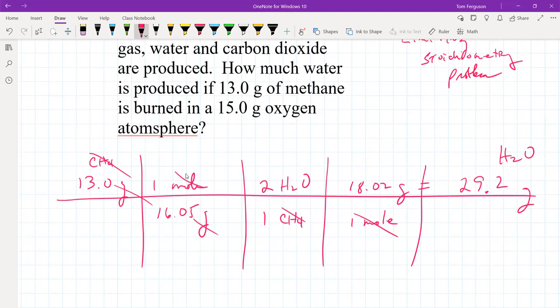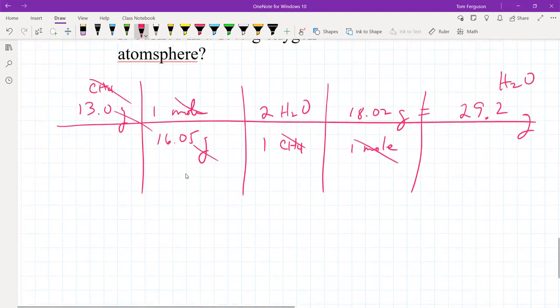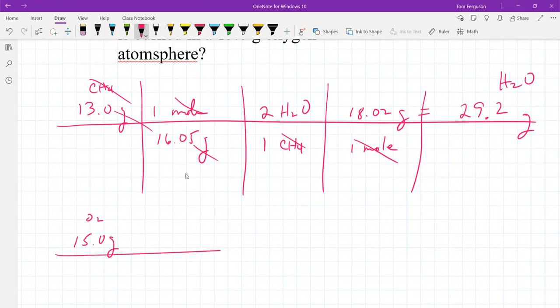Okay, the next thing we're going to do is use the other given. This is 15 grams of oxygen gas.